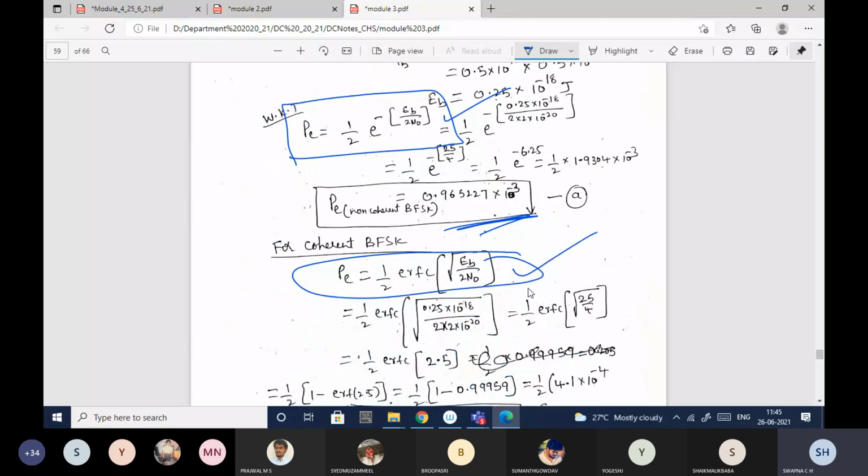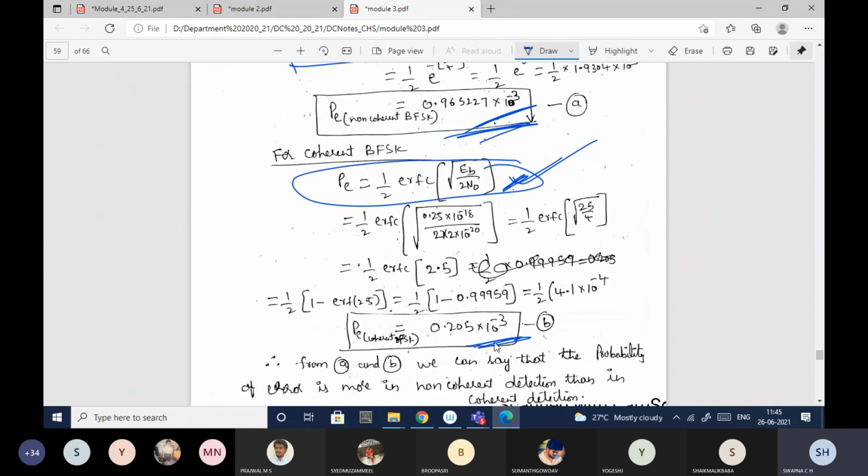Using these we have calculated the probabilities of error. From this we can say that the value here is more when compared to the value here, so the coherent detection method is better. That is the problem related to this.